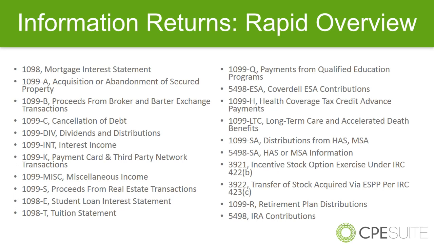So there's a lot of potential moving pieces that a taxpayer's situation can have based on the type of information returns that they have. Now, note that this slide doesn't even include some other types of information returns. For example, K1s. You don't see K1s on this list. So really, this just scratches the surface on the potential information returns a taxpayer may have coming to them.